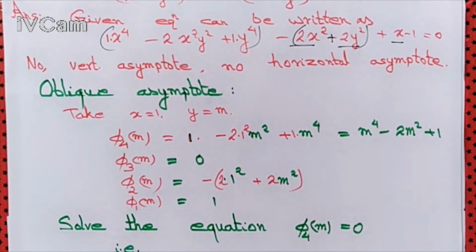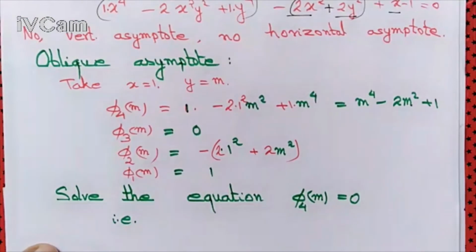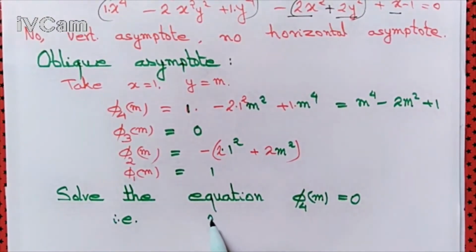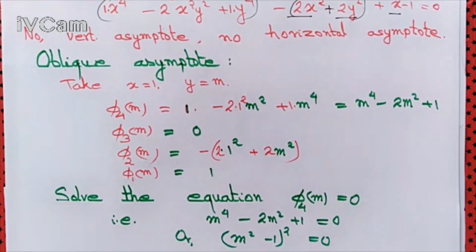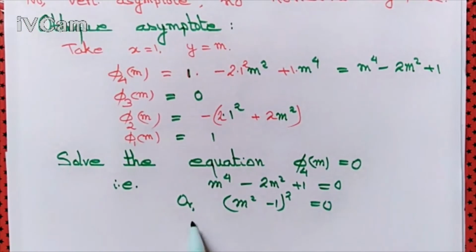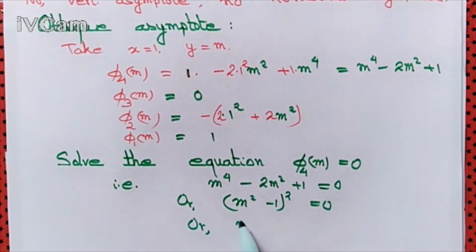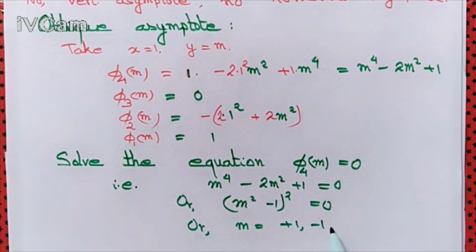That is m to the power 4 minus 2m squared plus 1 equal to 0, or (m squared minus 1) whole squared equal to 0, or m equal to plus 1, minus 1, plus 1, minus 1.